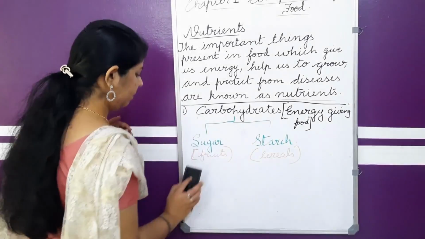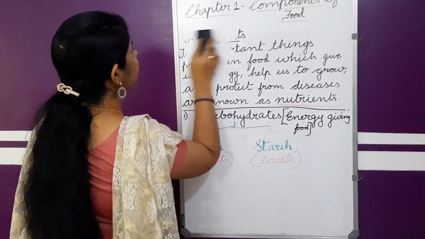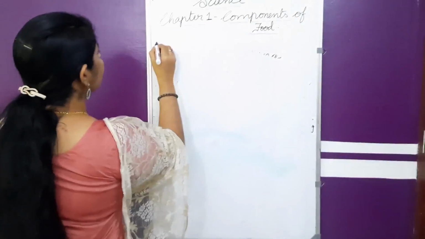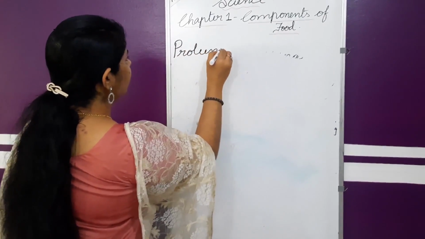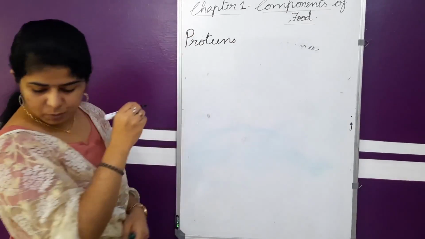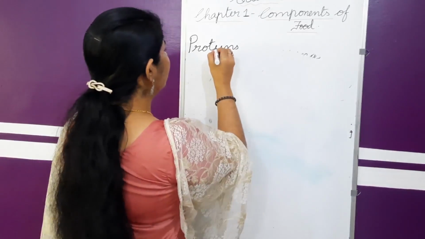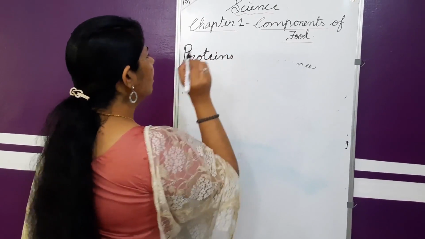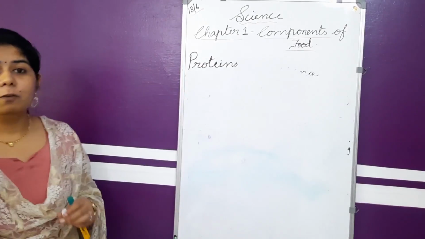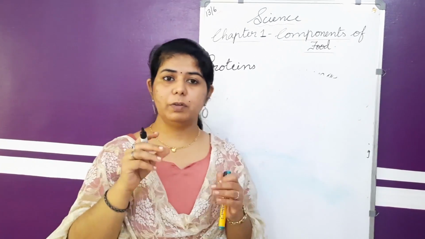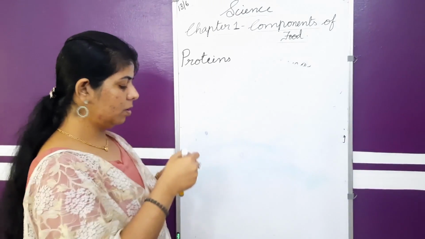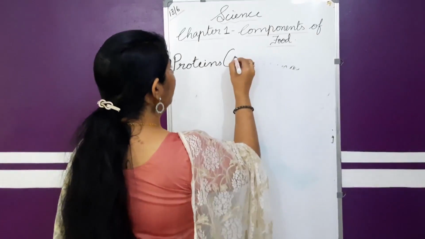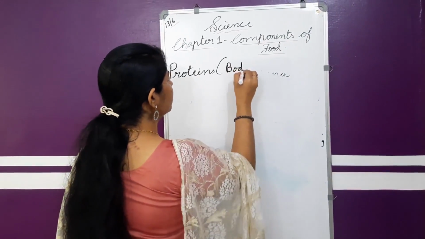Okay, so let me rub this one. The next one is proteins. And as it helps us in growing, what do we call protein? This is a body building food. It is also known as body building food.